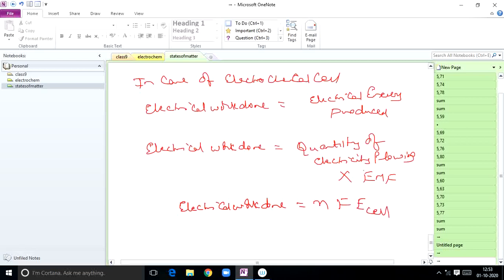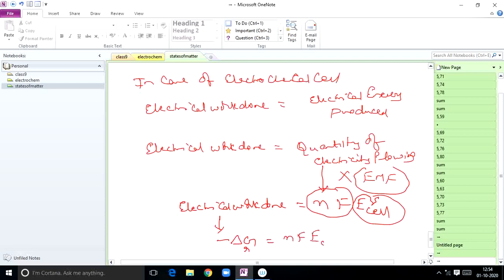E cell means EMF, and quantity of electricity flowing means you can take nF, n Faraday. So in place of quantity of electricity flowing you can take nF, and EMF means EMF of the cell. So electrical work done here, decrease in free energy, you can take minus delta G R. Decrease in free energy of the reaction is equal to nF into E cell.